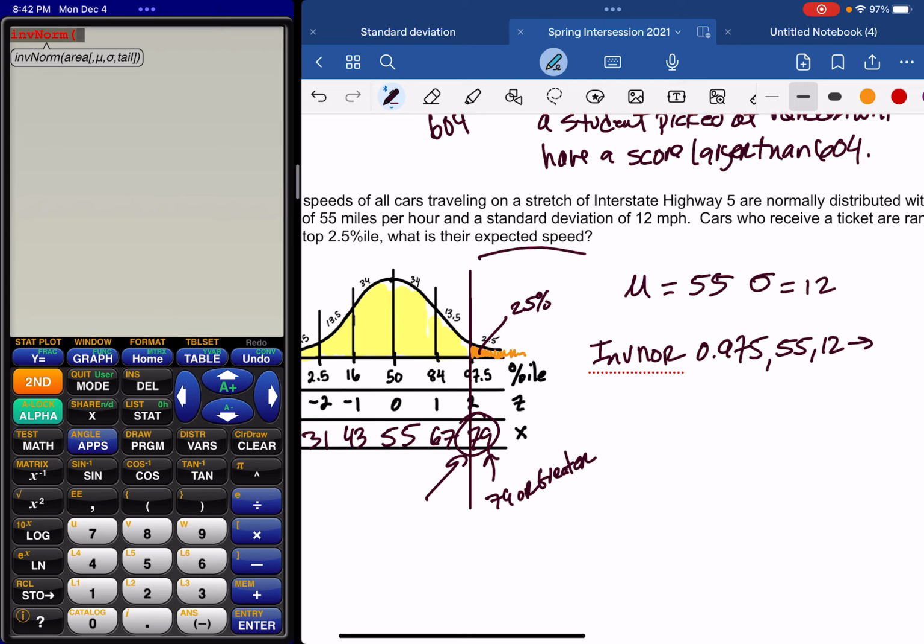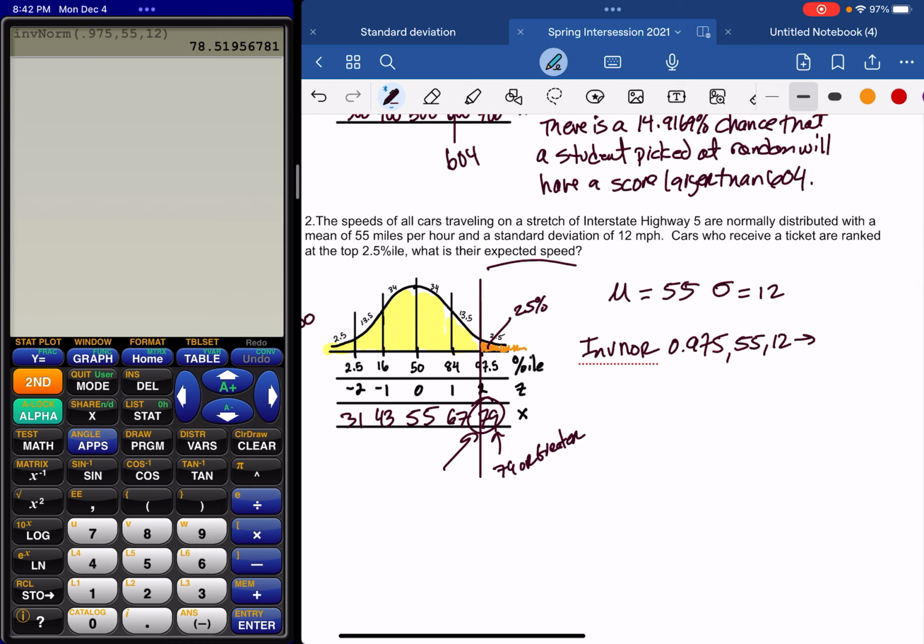This one, the tail is from the left, because we shade from negative infinity to where it stops. In that case, it's 0.975. Hopefully that makes sense. Comma, 55, comma, 12, close. Enter. There it is.